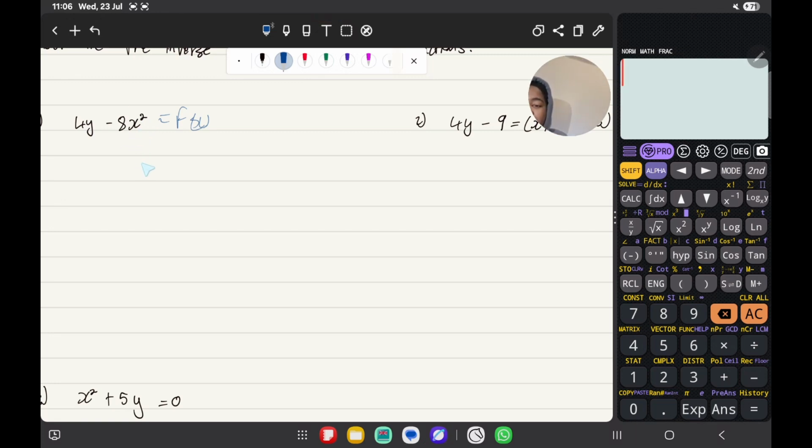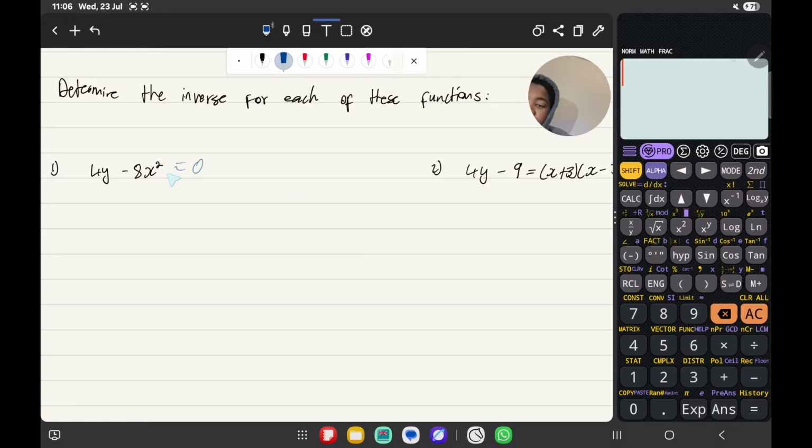So you would have 8x squared equals 4y, and then divide by 8, and then you have x squared equals 1 over 2y, and then you would say therefore x is equal to plus or minus the square root of 1 over 2y.